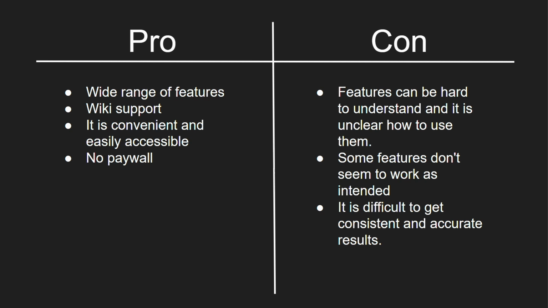And it's also difficult to get consistent and accurate results over many tests. We found this mainly in the acceleration without G tool, which we did cover in this video. However, what's nice about the app is it is convenient and easily accessible.